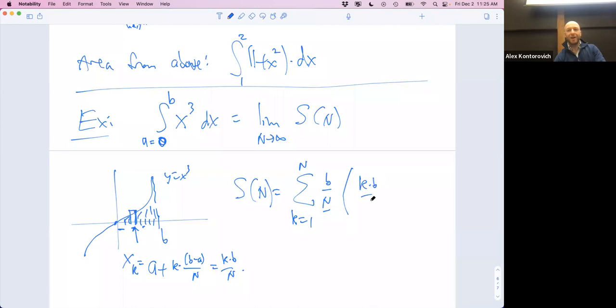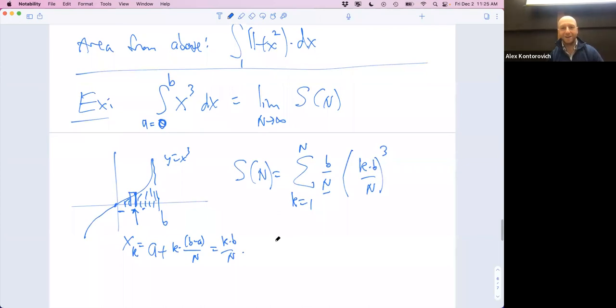K times b over n, cubed. So far, so good. Okay. So I have a sum as k goes from 1 to n. I have a b over n times a b cubed over n cubed. That is a constant as far as k is concerned. Those are things that are not changing with k.